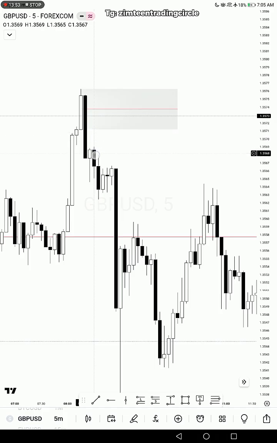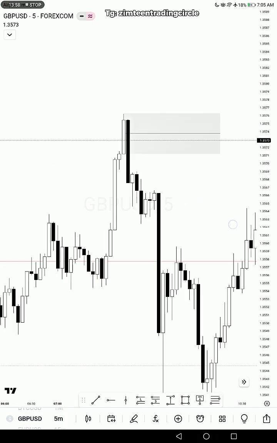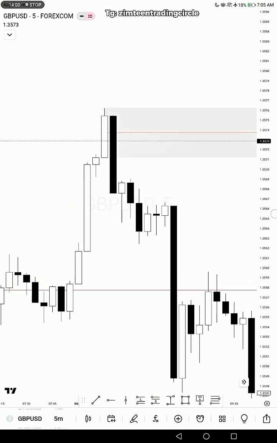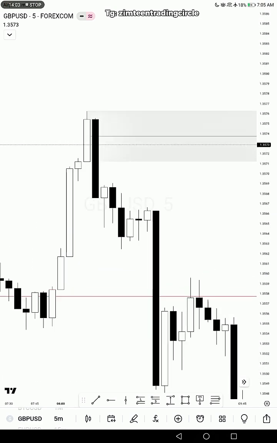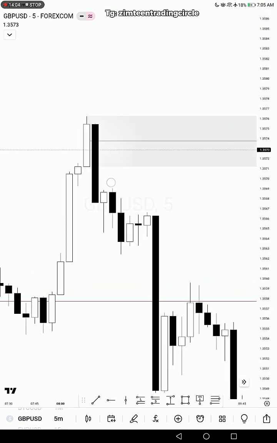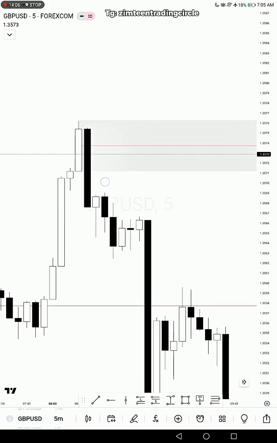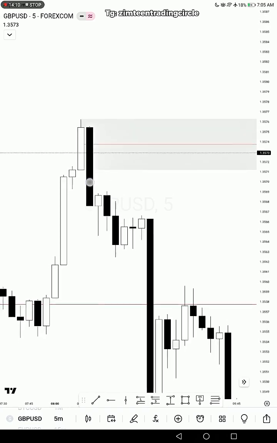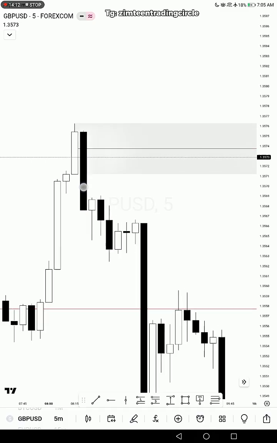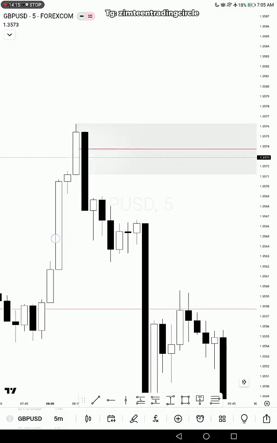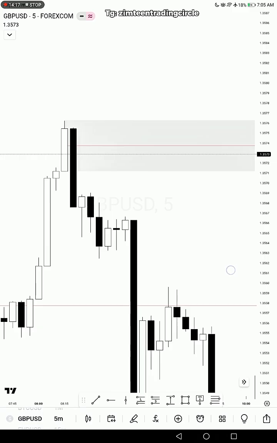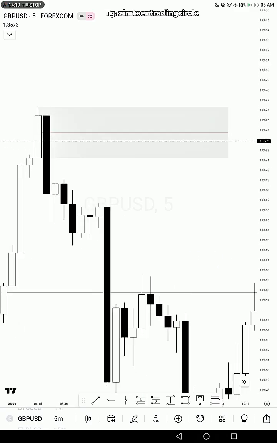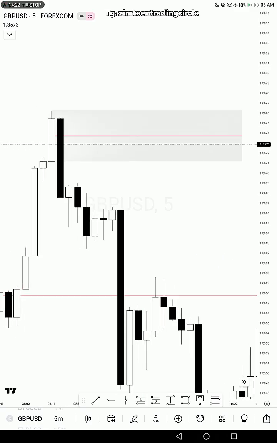So in this case, we can choose this as our entry, or immediately we are seeing this close below, we can trigger our entry. But normally order block should be retraced. Maybe on the 1-minute time frame we can see a clear retracement, but I'm not actually going to that 1-minute time frame. Do that yourself.